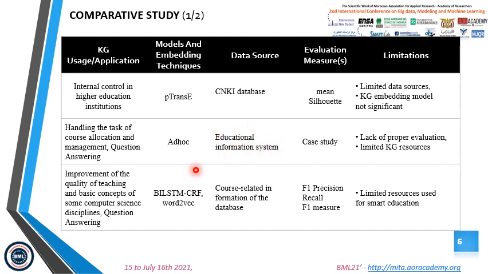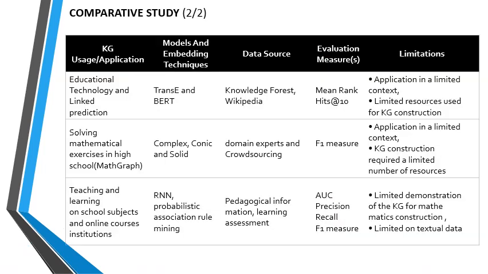The improvement of the quality of teaching basic concepts of some computer science disciplines is the objective of the third author, using BERT and CRF as models and precision, recall, and F1 measure as the evaluation approach.